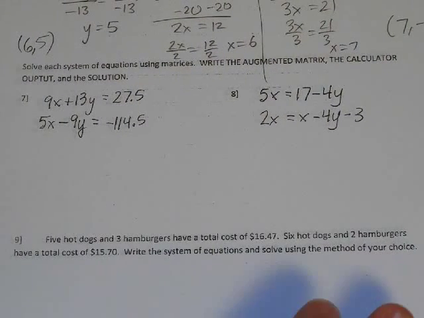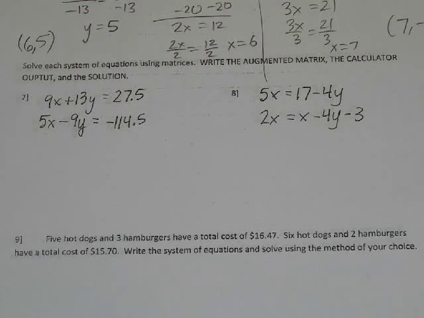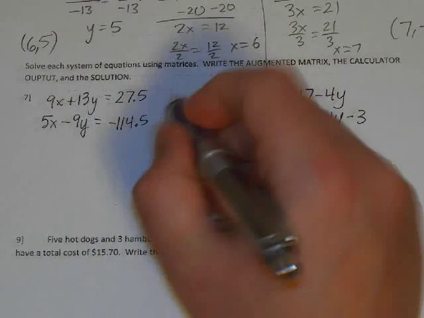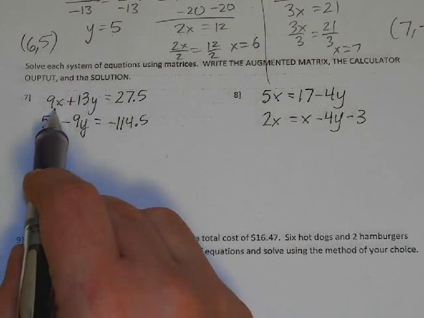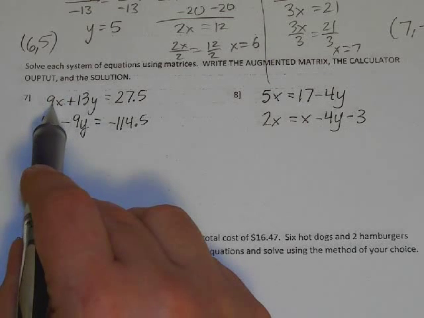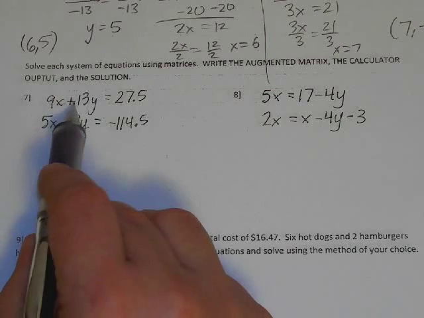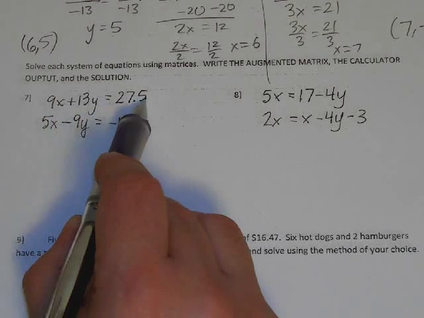Okay, so for 7 and 8, I wanted you to use the calculator's matrix functions to find the system of equations solution. Now, before we do that, we need to make sure that both equations are written in this exact form: some number times x plus some number times y equals the constant. In this case, it is.